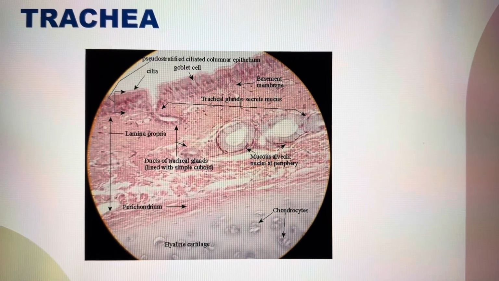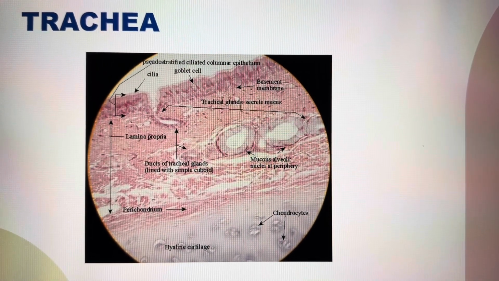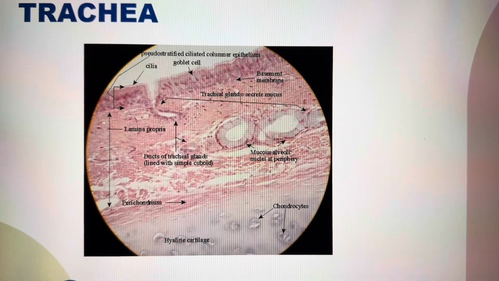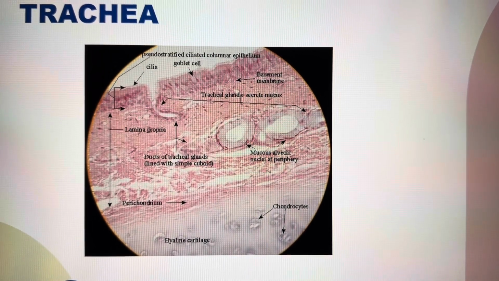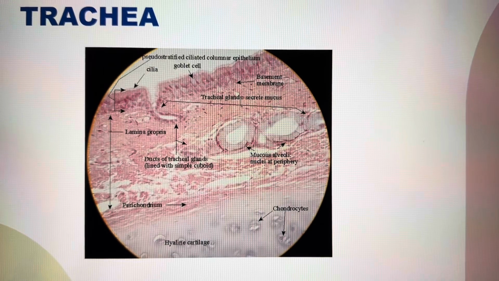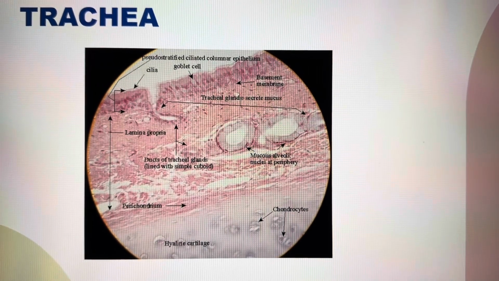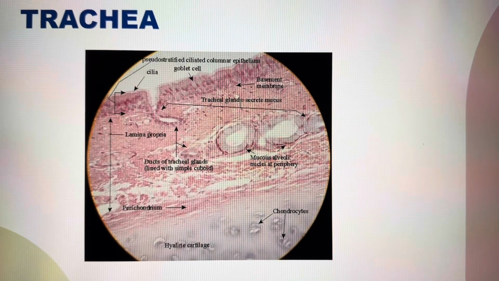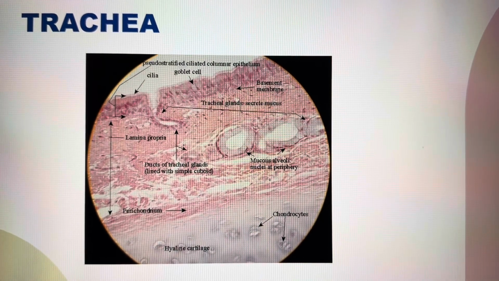With the trachea, what we have to remember is if he zooms out, the trachea is going to be a more circular shape organ just because the trachea cartilage makes the trachea into a whole circle, versus with the esophagus, we'll see the esophagus that is squished a little bit more.